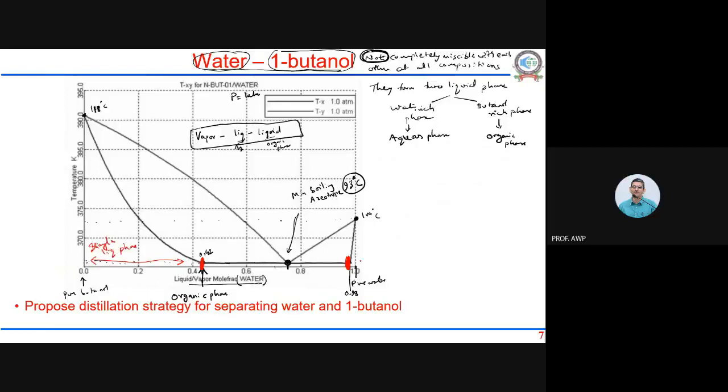If composition is anywhere above this, it will be a single liquid phase. If composition is anywhere between these two, it will split into two liquid phases. Is everybody able to visualize this? VLLE, vapor liquid liquid equilibrium. Have you done this in your thermo course?